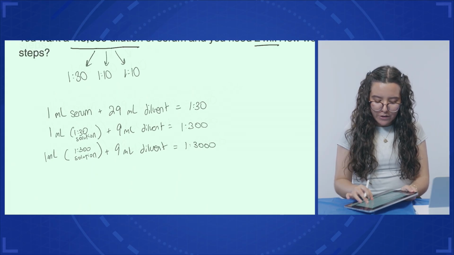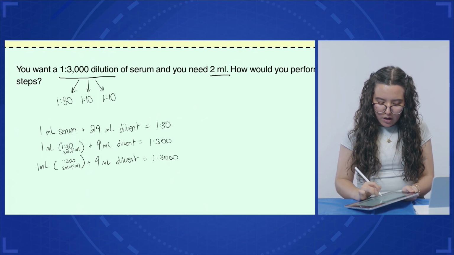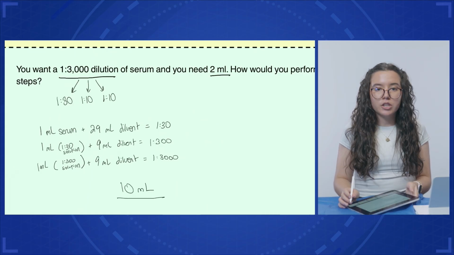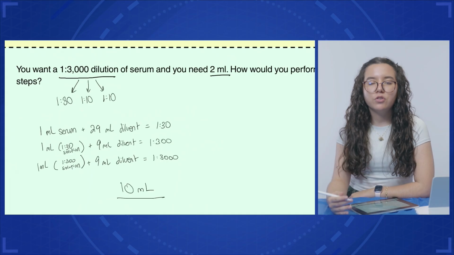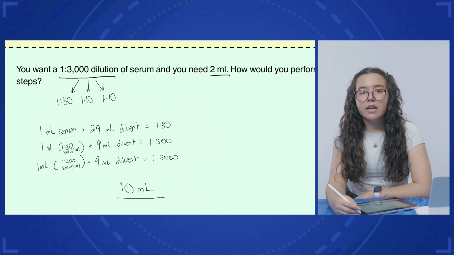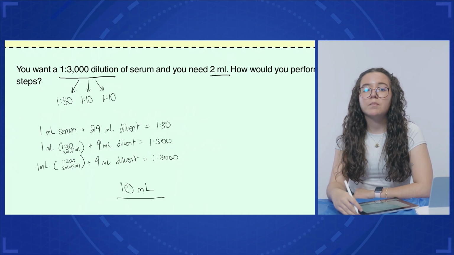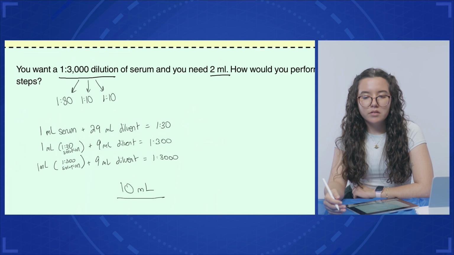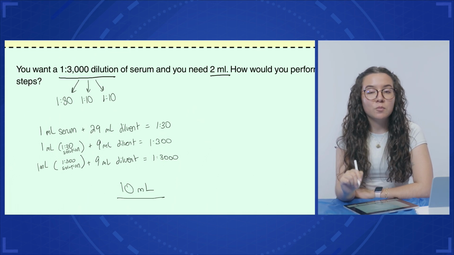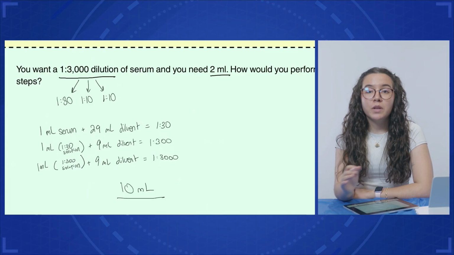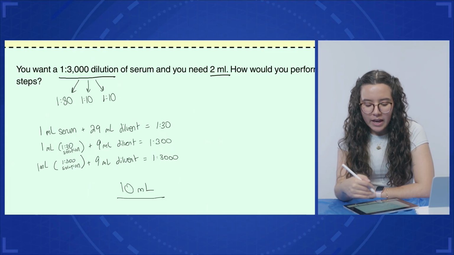3,000 solution. As you can tell, it actually leaves me with 10 milliliters of solution. Now, it's okay when you're doing lab problems like this to have some extra volume, since, for example, if I were to calculate to make exactly 2 milliliters, there could be a lot of room for error in that sense.